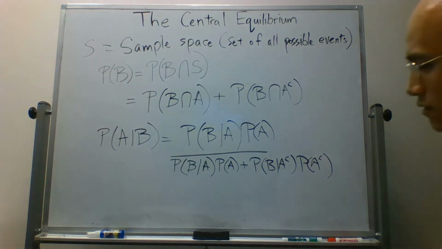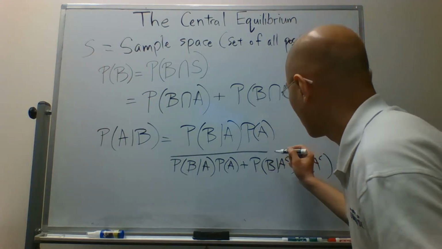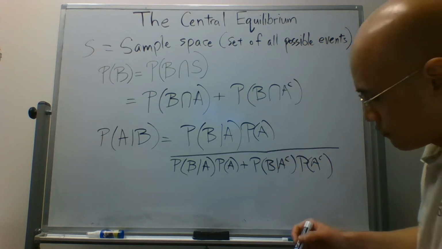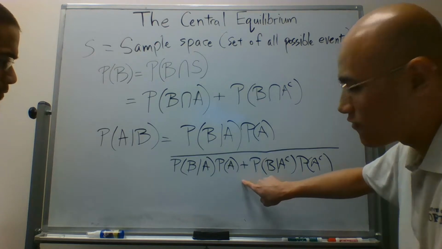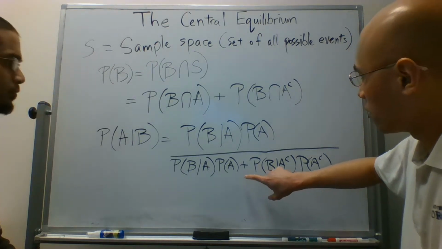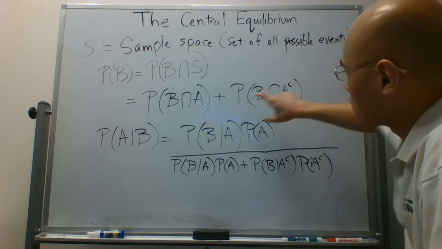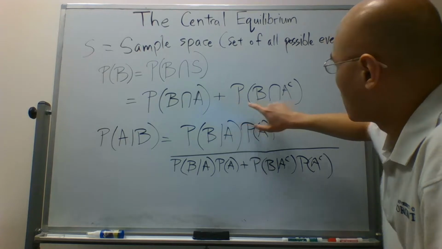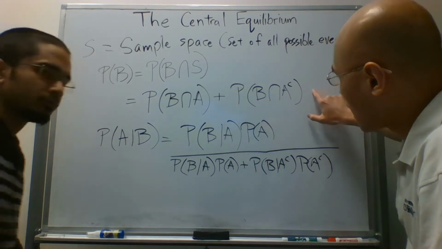Right. So we previously had just P of B down here. And so we wrote P of B in terms of P of B union A and P of B union A complement.